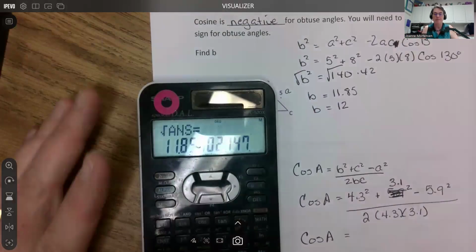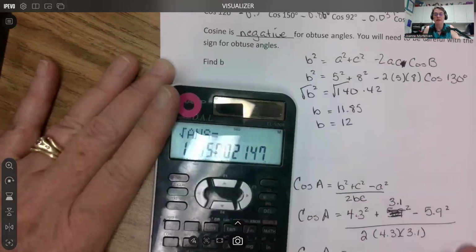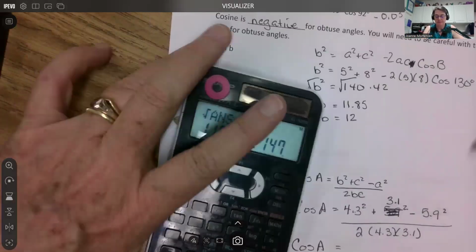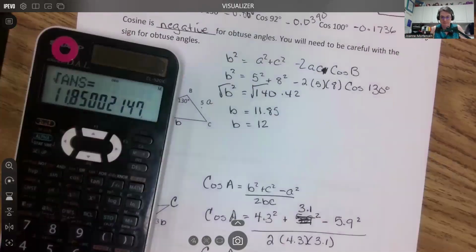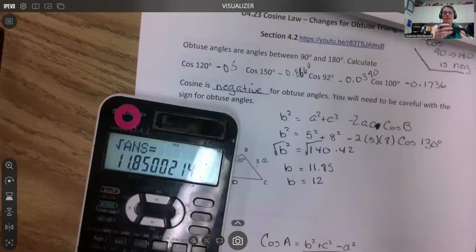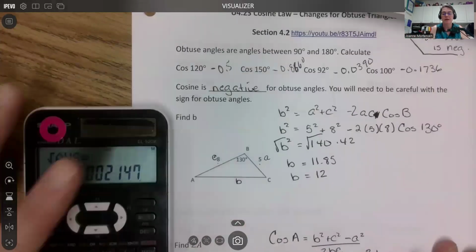Oh, there's my glare again. Which way do I need to move? Let's move this way. There. Okay.